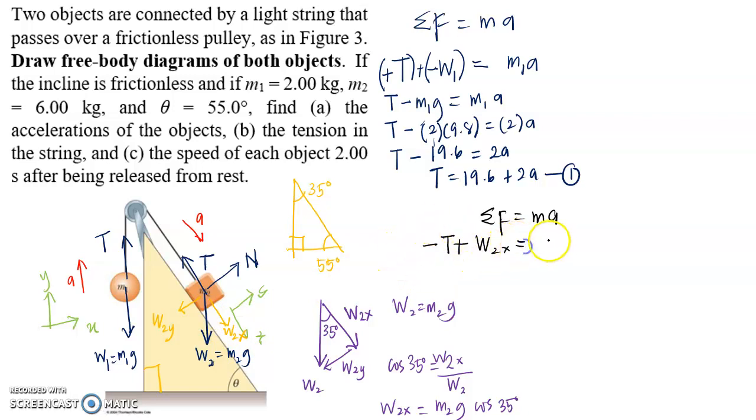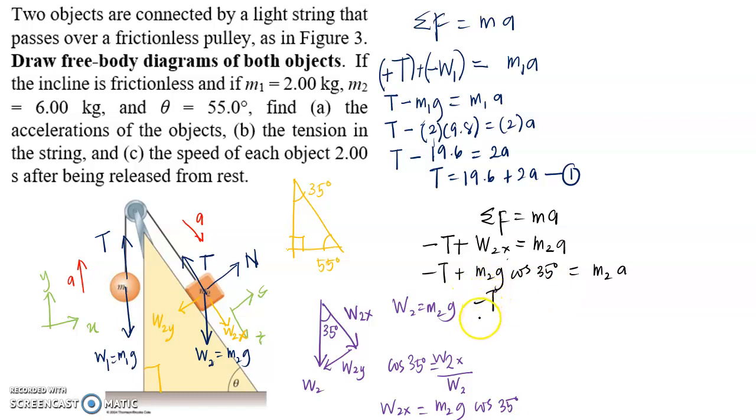Moving on, it is going to be equal to mass 2 multiplied by a. a here is also positive because acceleration will have the same direction as the positive x direction. So now we can write down the equation: negative T plus W2x, which is M2g cos 35 degrees, is equal to M2a.